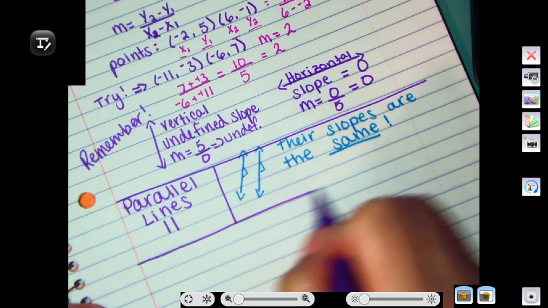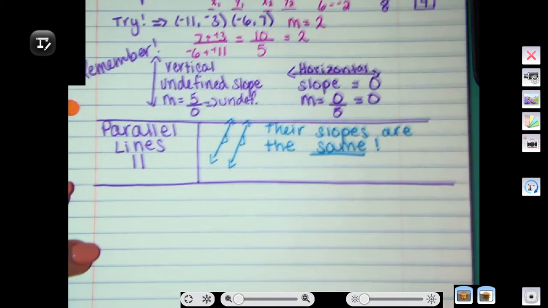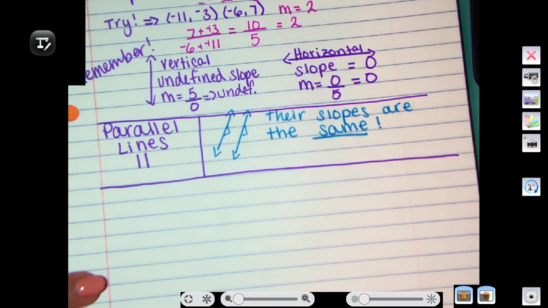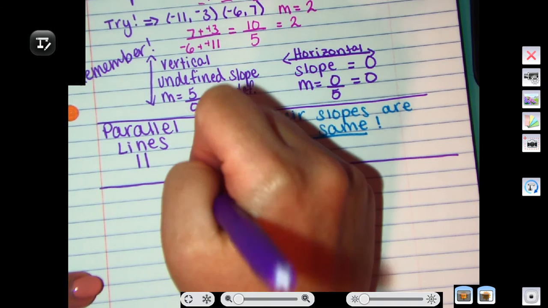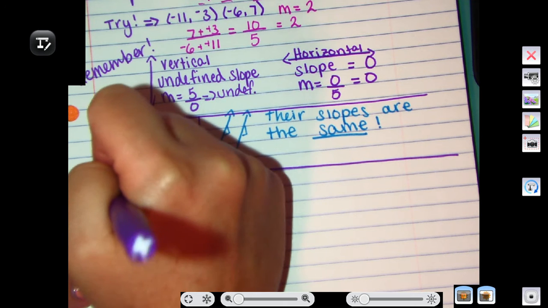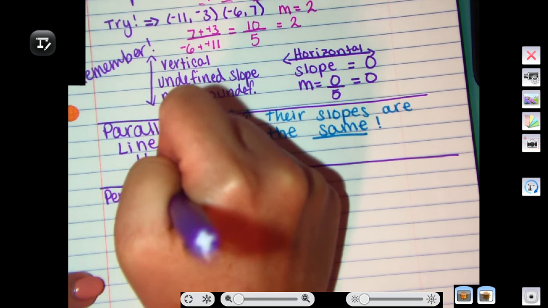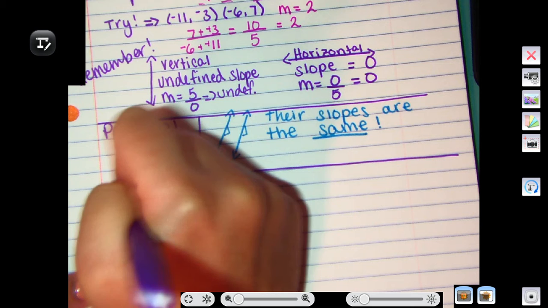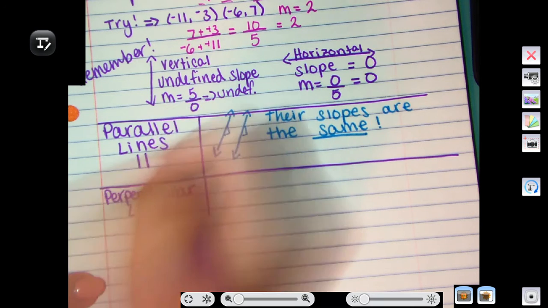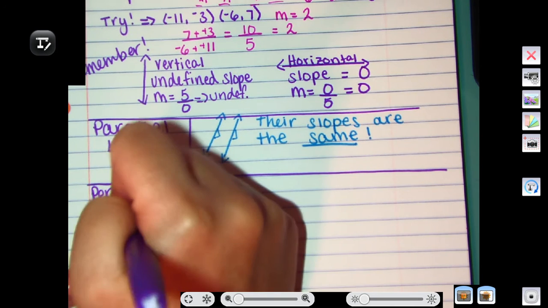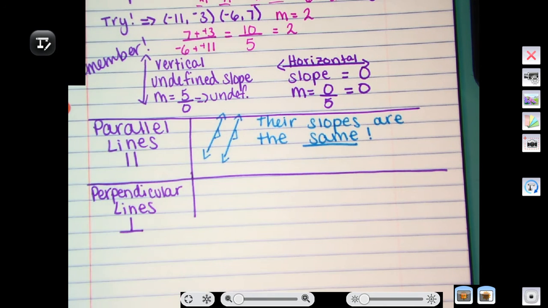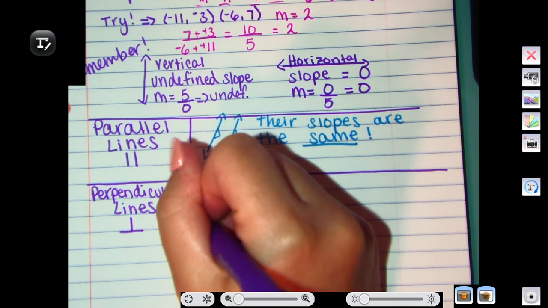Now, what about perpendicular lines? Okay, perpendicular lines. What type of relationship do their slopes have? So the symbol for perpendicular, the pair of perpendicular lines.